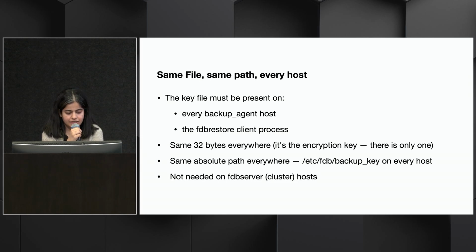The second one is the FDB restore client process, because it reads the snapshot manifest file to do some verification. So these are the two categories that need this key file, and other processes don't need the key.